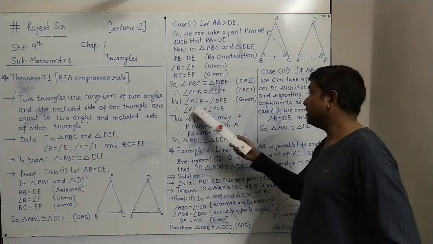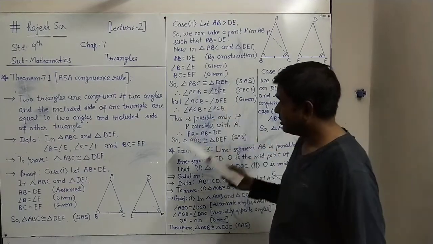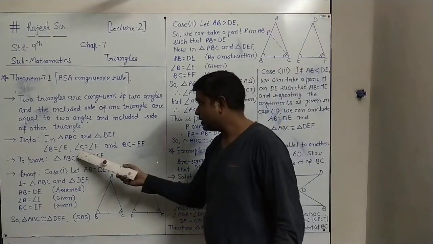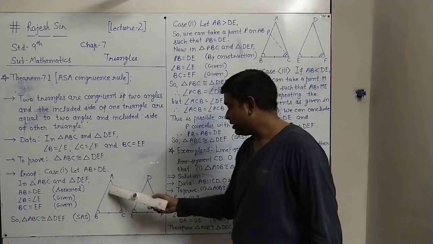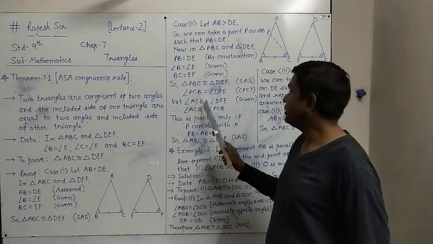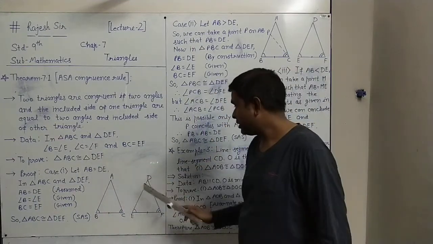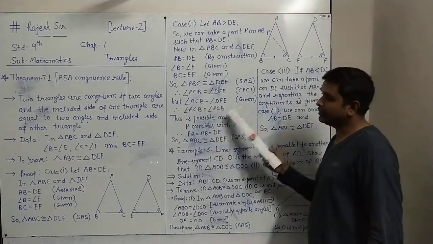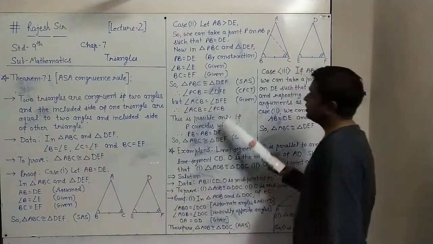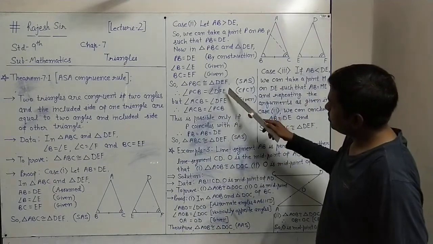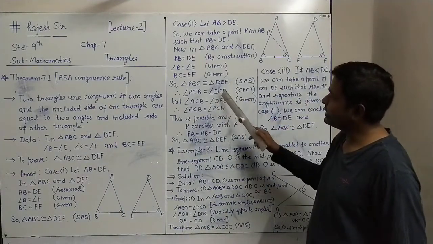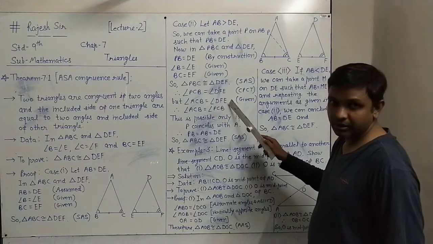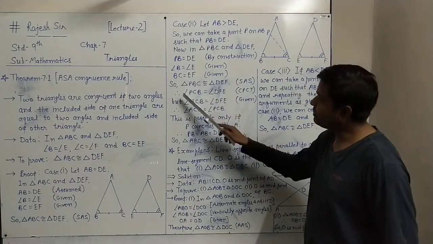But angle ACB equals angle DFE. What was given? Angle C, whose full name is ACB, equals angle F, whose full name is DFE. So angle ACB and angle DFE are given equal. On the right side, angle DFE is equal to both, so we can compare the left also.